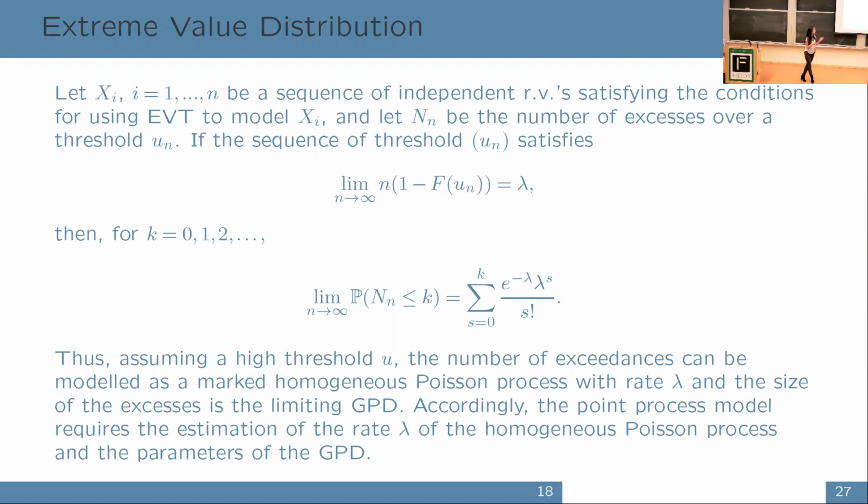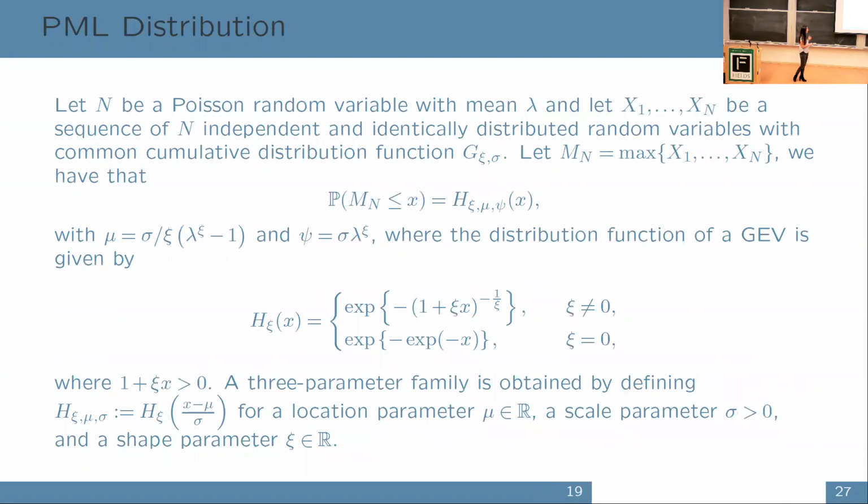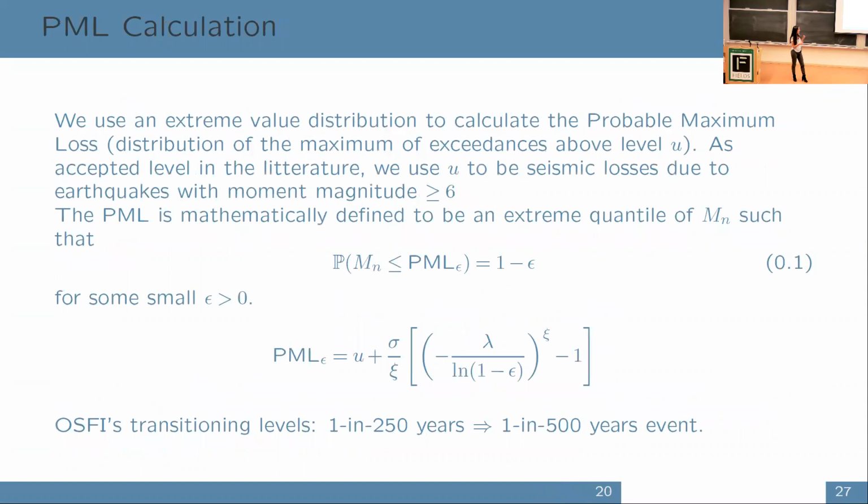We could have this model quite straightforward using the probable maximal loss, because we knew that the maximum of the amounts that we would pay would follow a GEV. So once we had these GEV parameters, again estimated using MLE, we could find the probable maximal loss at level epsilon. And as I said, we transitioned from once every 250 years to once every 500-year events.